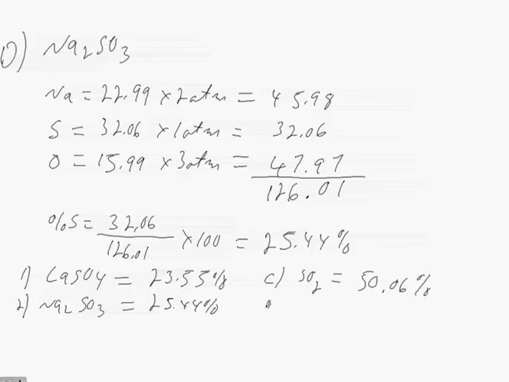And in H2S, the percent sulfur was 94.07%. Okay, so we have arranged them in order of increasing percent. The first one is calcium sulfate. The second one is sodium sulfite.